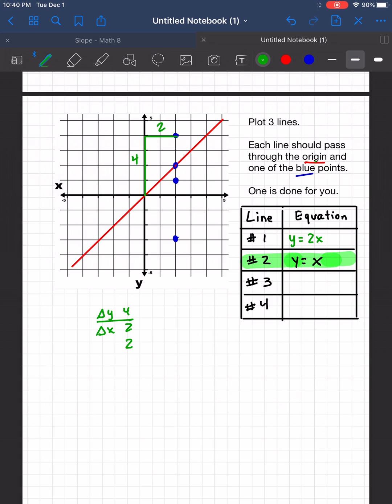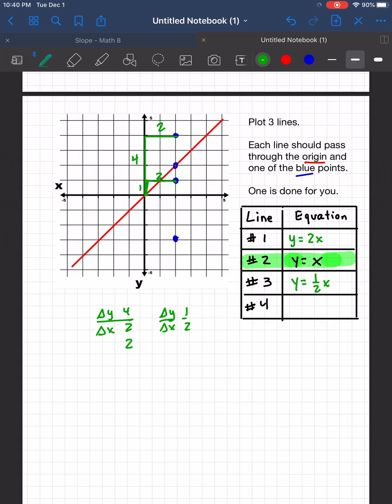Then I have the blue point underneath the red line that already exists. If I draw my growth triangle there, I'm going up 1 over 2. So change in y is 1, change in x is 2, so my slope is 1/2, and my line would be y equals 1/2 x.